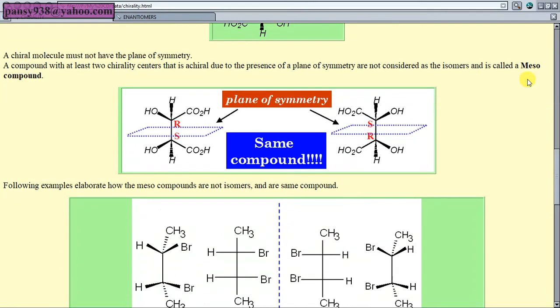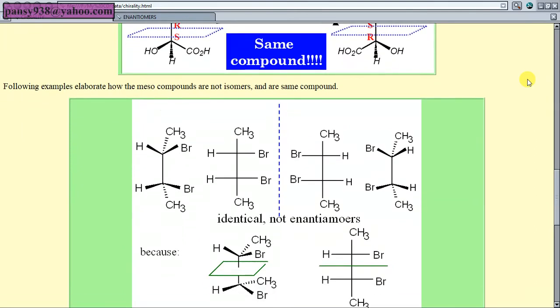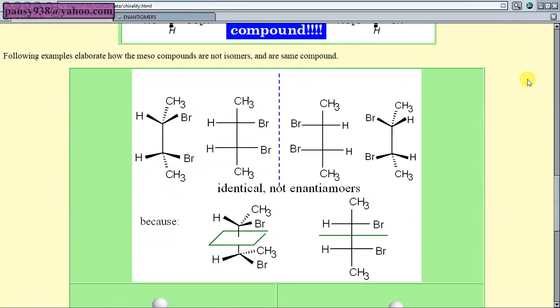You can see that meso compounds are not isomers, and they are actually the same compound. For example, in this case, both bromines are on the same side, although they are mirror images of each other, and hence they are identical in 3D represented structures. It is also clear that they are the same compound.